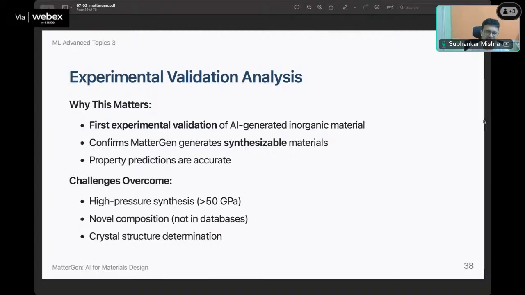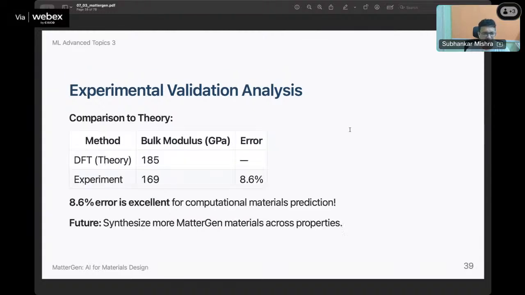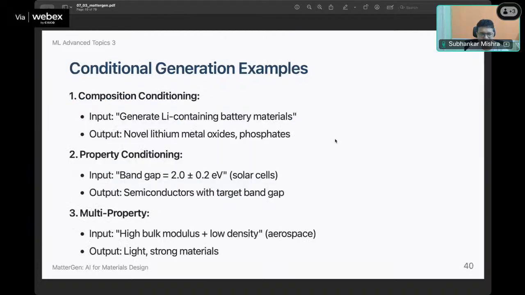And the property predictions were very accurate, around 8.6% different, but that's okay. Challenges overcome: high precision synthesis not required, novel composition, and crystal structure determination. All this was a challenge earlier. Now no. DFT theory says 185, experiment says 186, 169. Very nice.